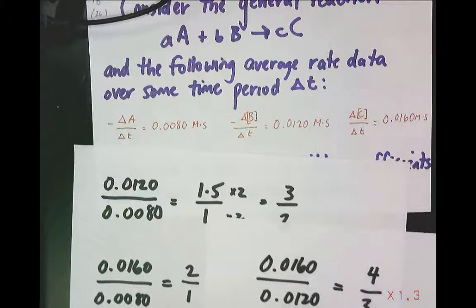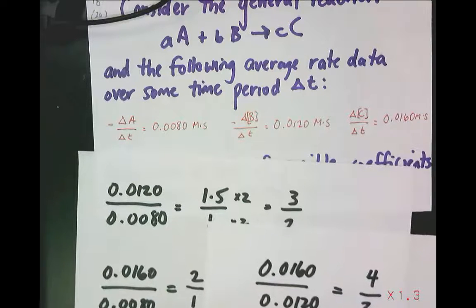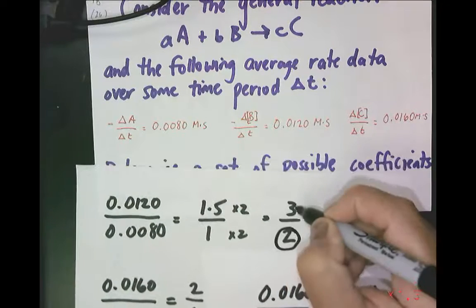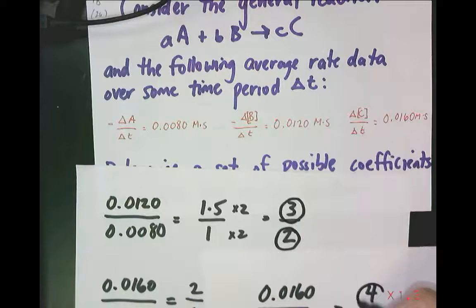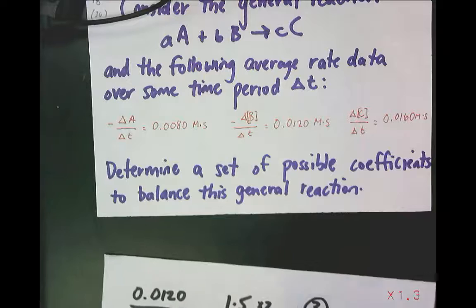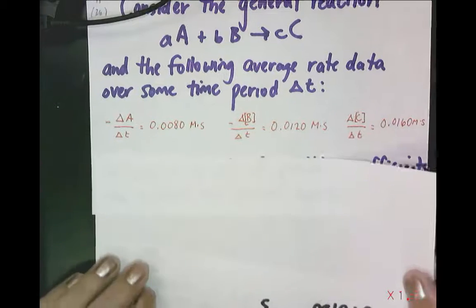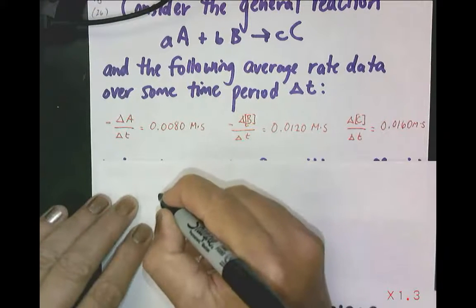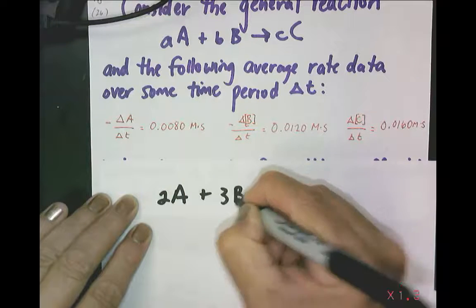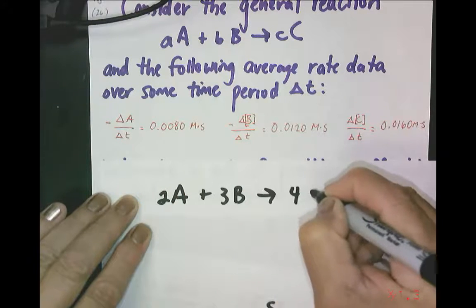We've compared them all now, so what I see here is a 2 to 3 to 4 relationship. So if I flip that around, 2A plus 3B produces 4C.